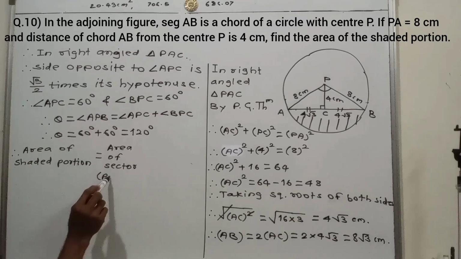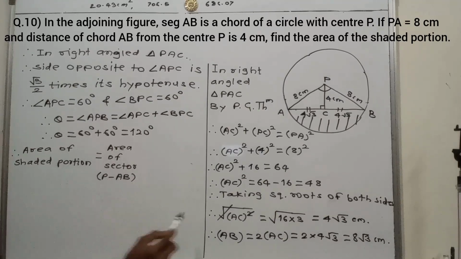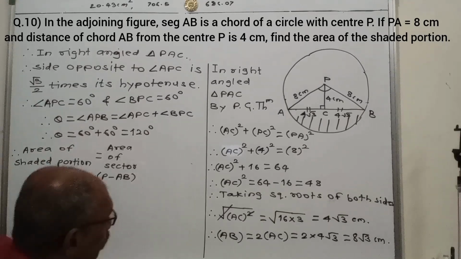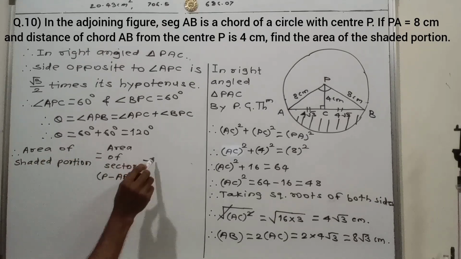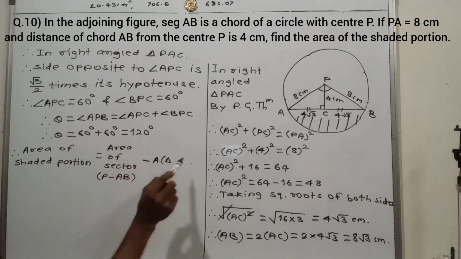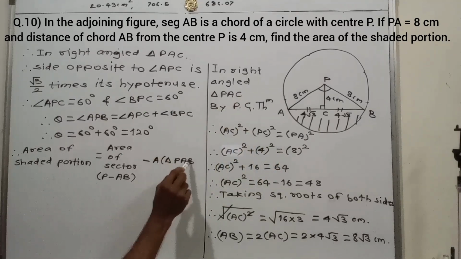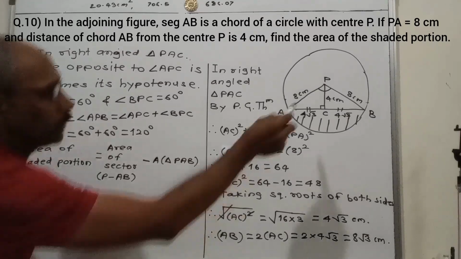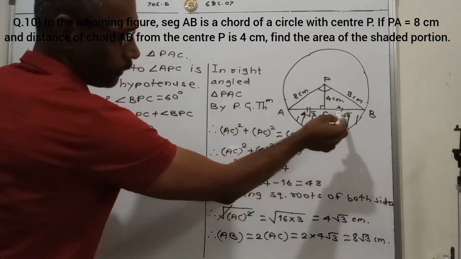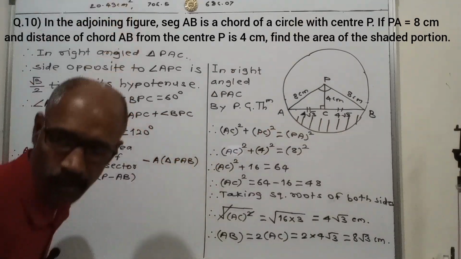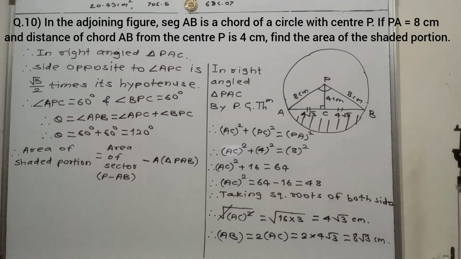See this, P dash AB, because here no any letter, so directly write P dash AB. Okay, minus area of triangle PAB. Did you get it? This is our sector. Then subtract this triangle, then we get area of shaded portion.